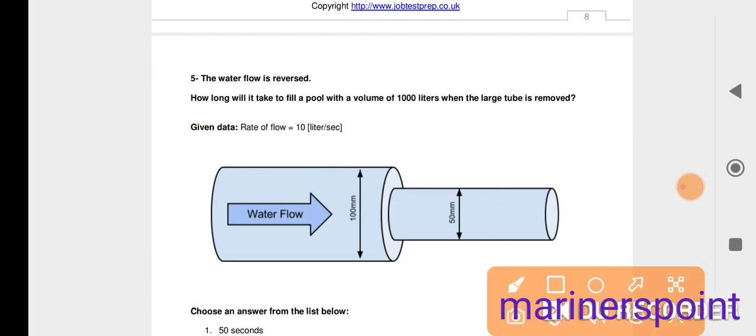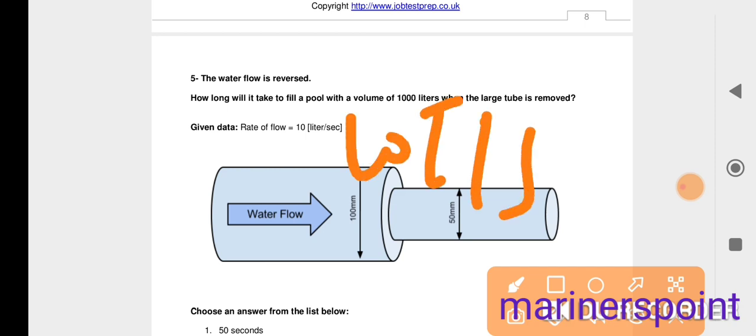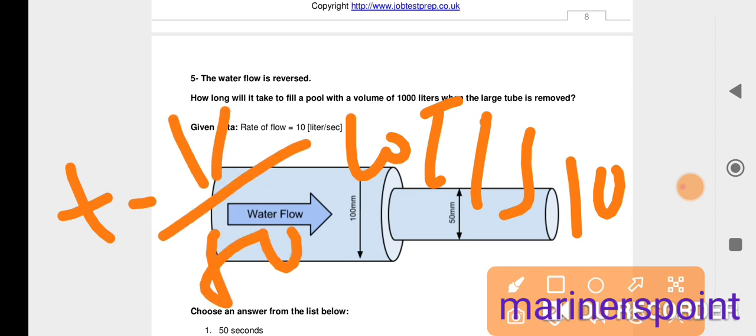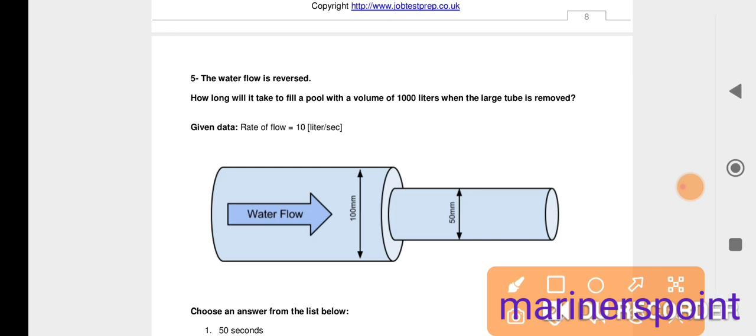You are filling a container at 10 liters per second. A volume is given, then time is equal to volume divided by flow rate. It is simple. You can calculate it easily by the unitary method.